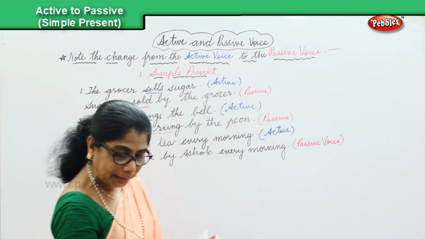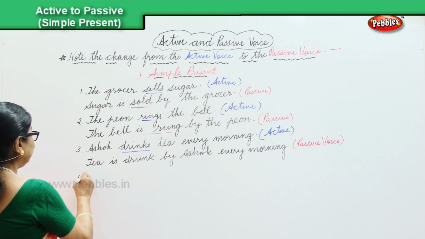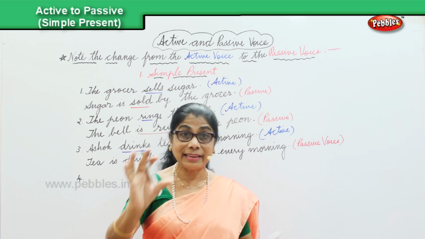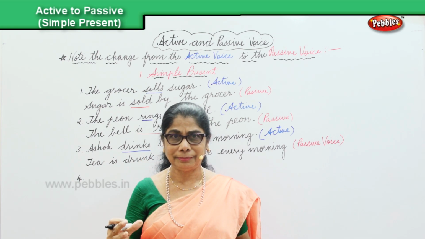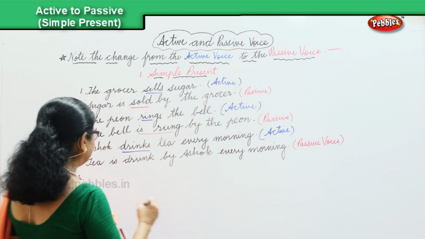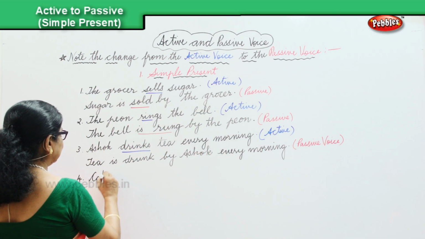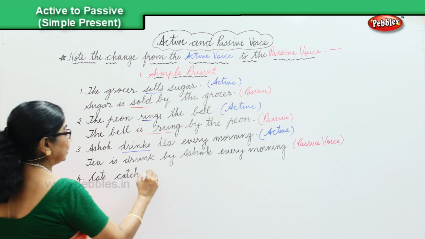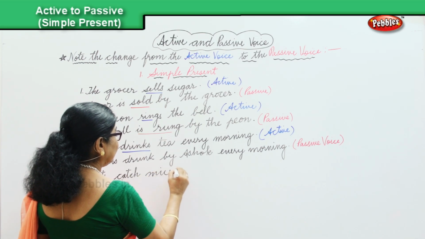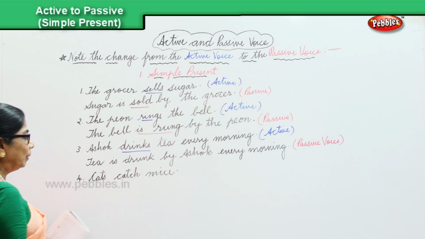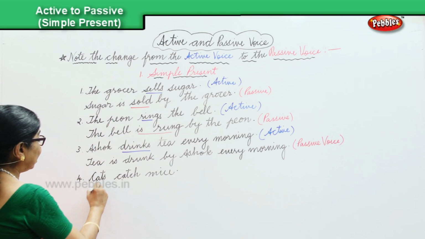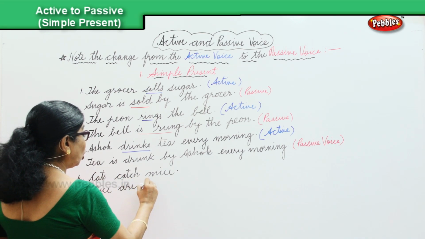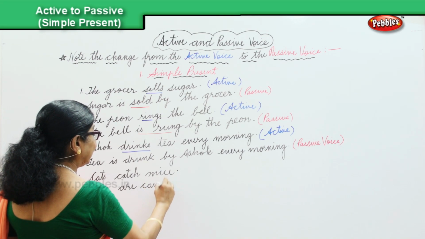Okay. Now let me take another sentence for you. Cats catch mice. Action. Active. The cat is very active here. Cats catch mice. When we change it, we say mice are caught by the cat.